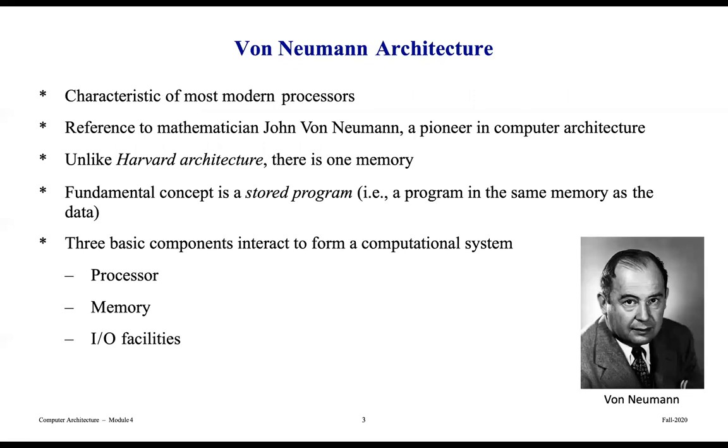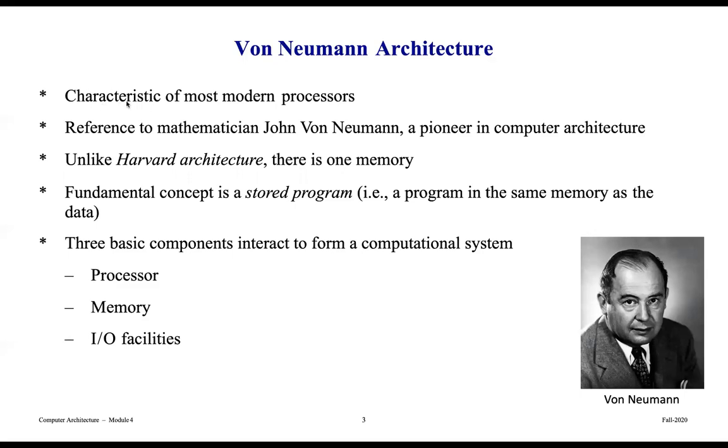So let's talk a little bit about architecture. We will introduce two different types: the von Neumann architecture, and then we'll mention the Harvard architecture, which has a slight difference in how it describes the memory.